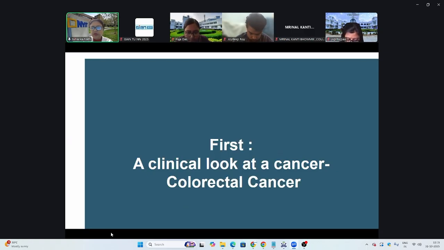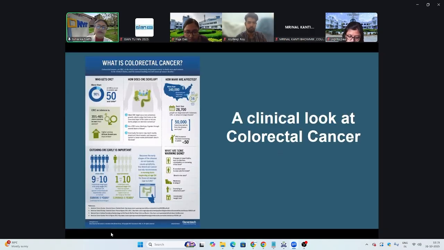So, a clinical look at a cancer, and we have chosen here colorectal cancer. This is a graphic. These are called infographics, as you know, and they give you all the information on how many people are getting it today.